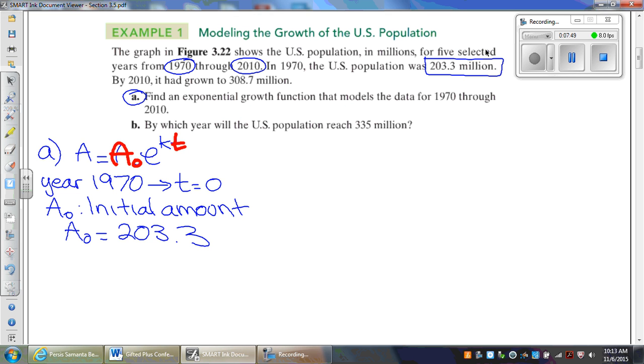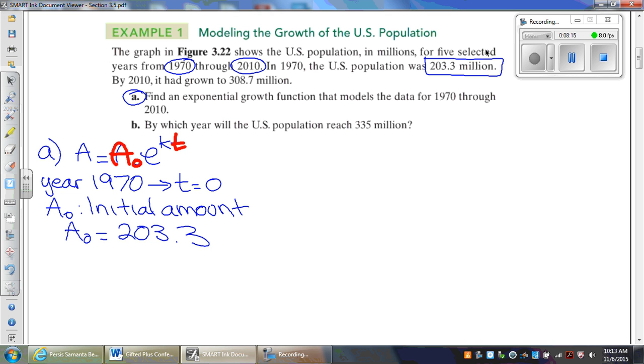What will be the value for t? 0. It will be 0. So we still have two unknown variables, A and k. To solve for two variables, we will need two equations. We only have one equation, so we need to substitute one more variable with a numerical value.